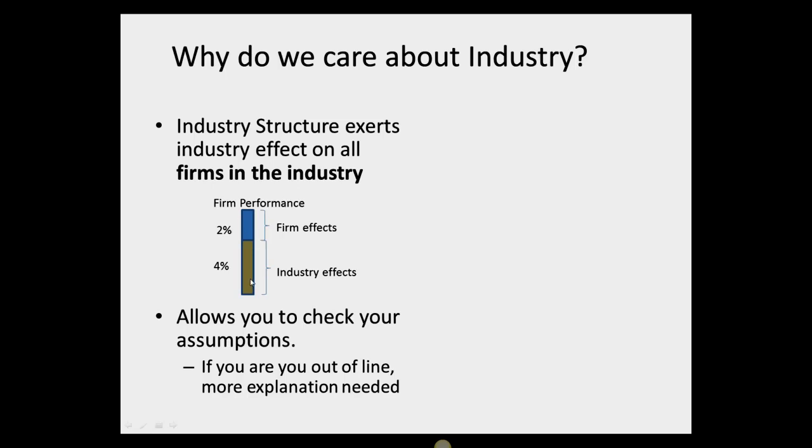But if the average profit margin in an industry is 14%, and you only have a 6% profit margin, that means that you're not doing well at all. So this is important, not just as a theoretical idea, but for you to be able to understand and check your assumptions.